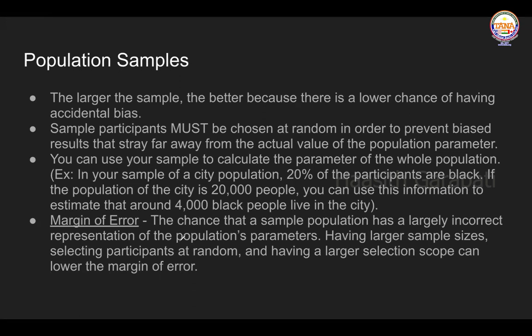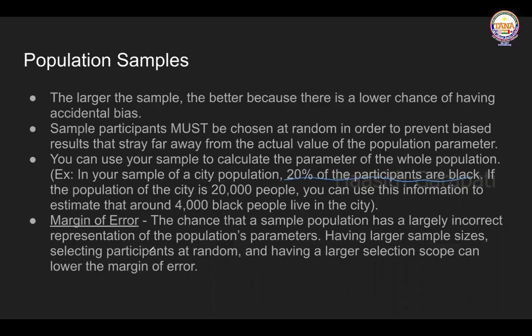An example of this is, say, in your sample of the city population, 20% of participants are Black. If the population of the city is 20,000 people, then you can take the sample you just created and apply it to the whole population and estimate that around 4,000 Black people live in the city, because 20% of 20,000 is 4,000.